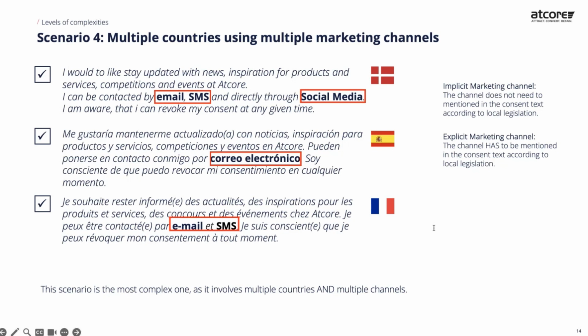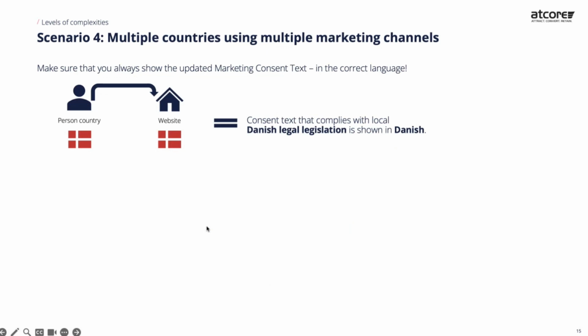So this might be a made-up example, but it actually reflects the complexity in reality and the different approaches that countries may have towards determining whether a marketing channel is explicit or implicit. And to make matters a bit more complicated, we always recommend that you show the updated marketing consent text in the correct language.